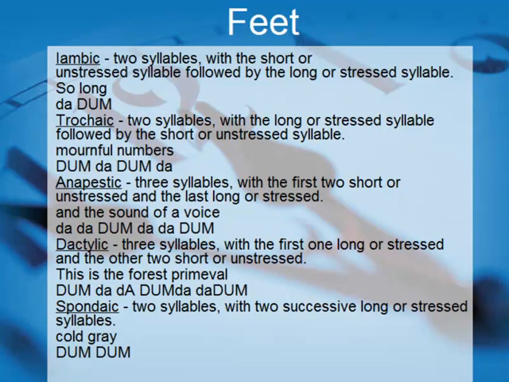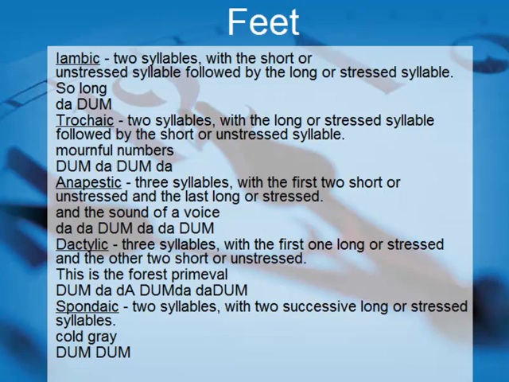So in our example, the words "so long." The "duh," small d, small a, refers to the unstressed syllable. "Dum," D-U-M, refers to the stressed or long syllable. So "duh-dum." "So long" is an iambic, 2 syllables, or we refer to it as an iamb.